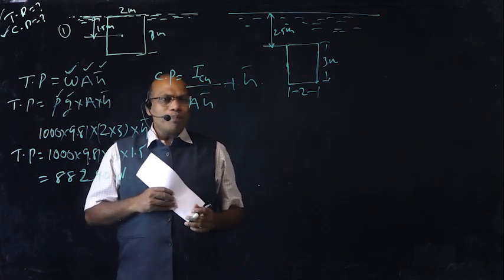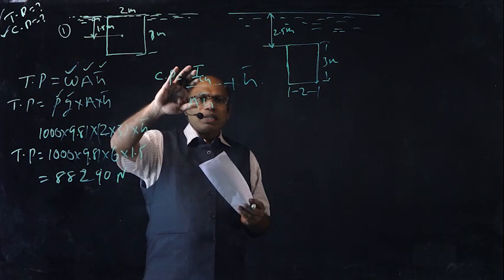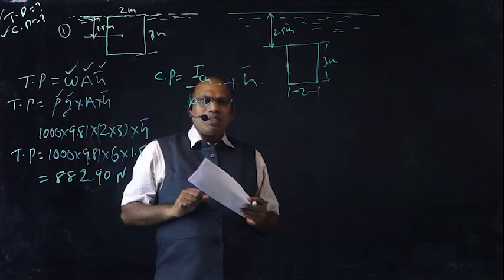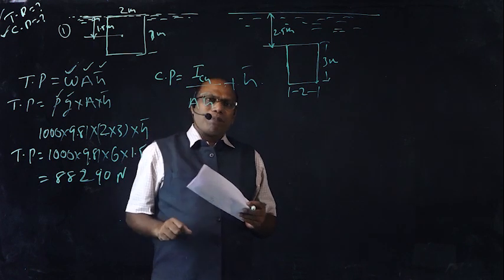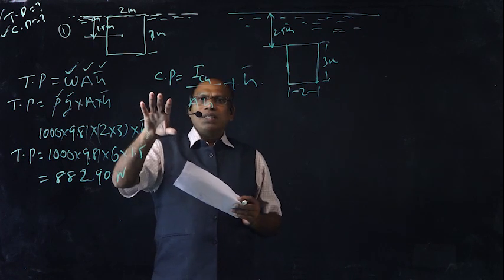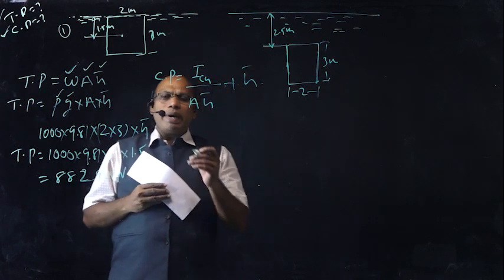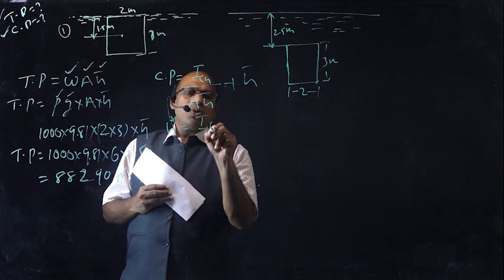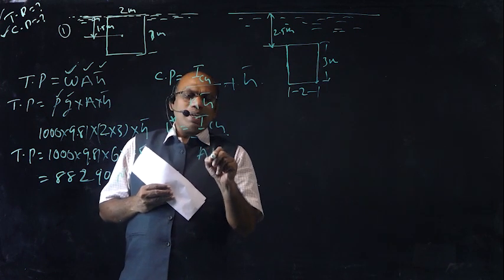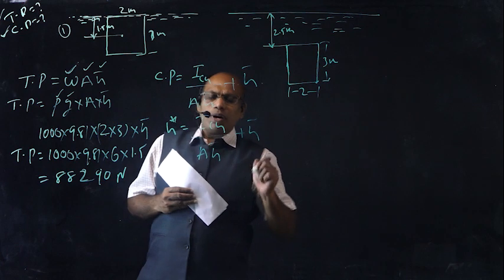This is the formula for the determination of CP or center of pressure. This is denoted by H star. H star is equal to ICG by A H bar plus H bar.